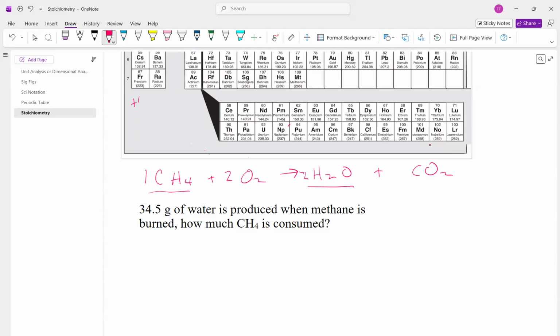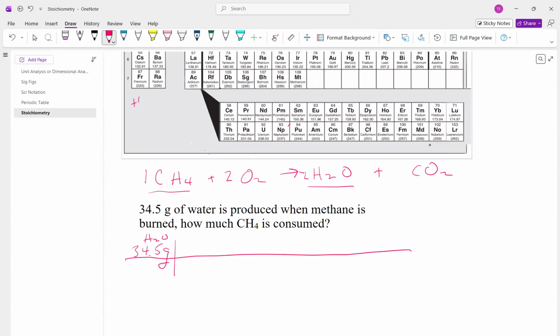Okay, so we start with a given. Need to put water up here. Now, instead of parentheses, I'm going to use a slightly different way to divvy this up. It's called train tracks. Think of that vertical bar as parentheses.